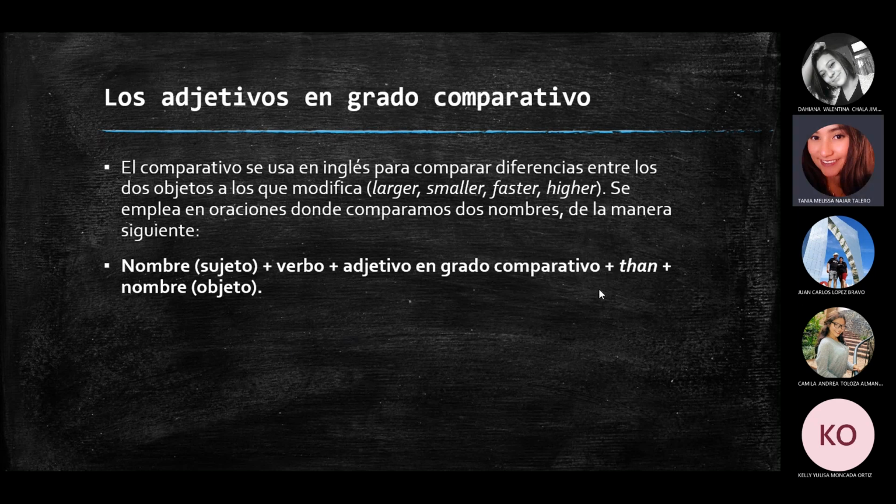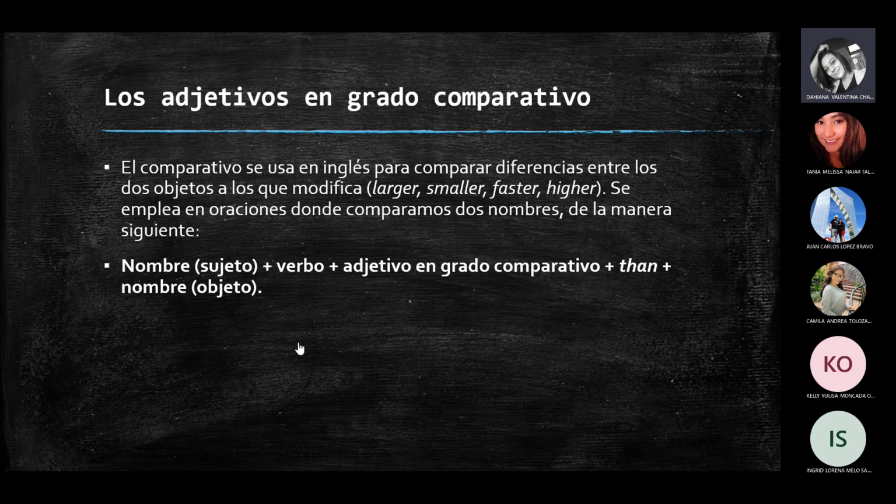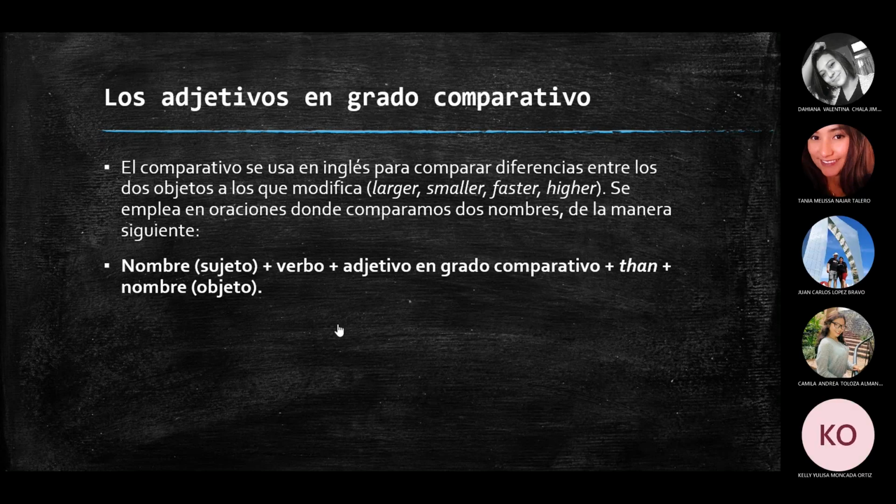Do you remember what is the meaning of this? Exactly. And what is the function of this word?